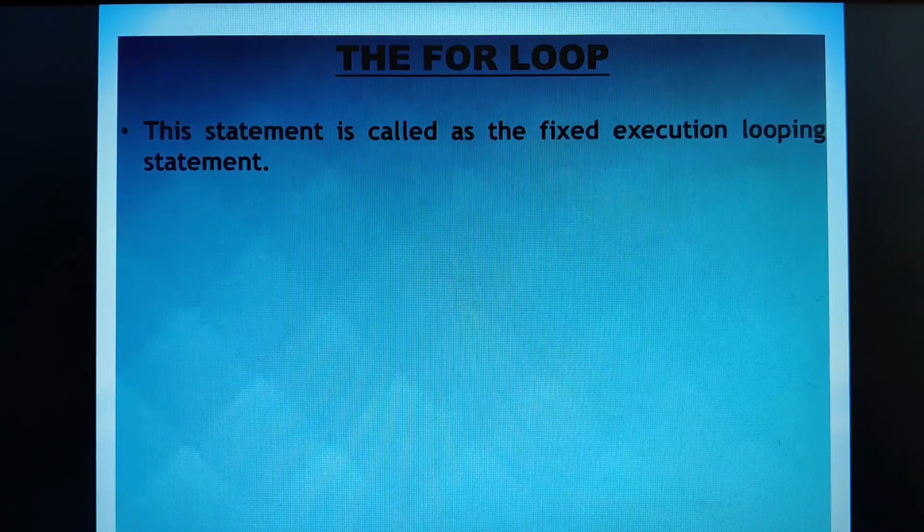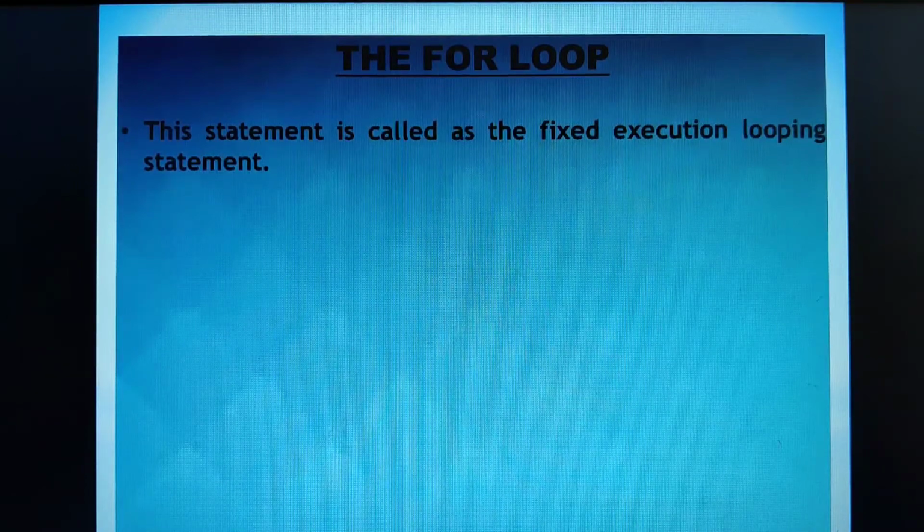Now I think we have also started with the topic, that is the for loop. Only a little bit of introduction we have seen about the for loop. Now what exactly this for loop is and when to use the for loop. This for loop is usually referred to as a fixed execution looping statement, whereas the while was referred to as a pre-testing looping statement and do while was referred to as a post-testing looping structure.